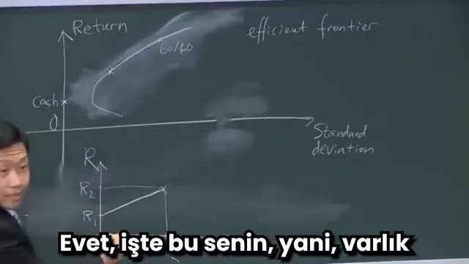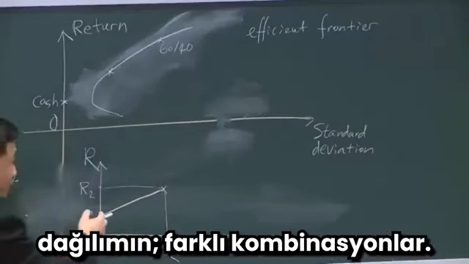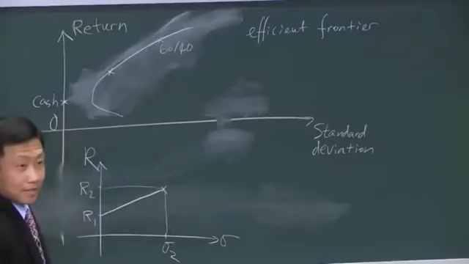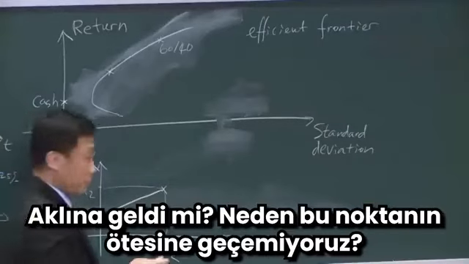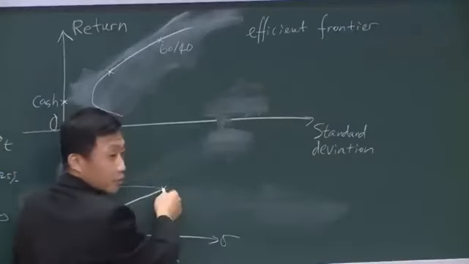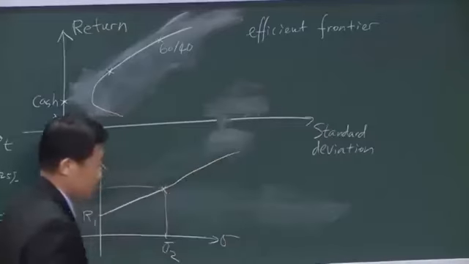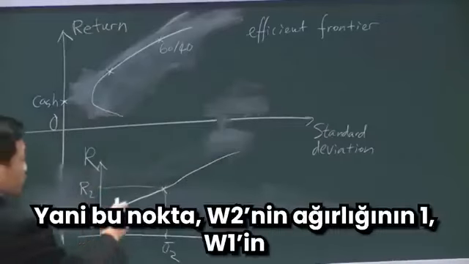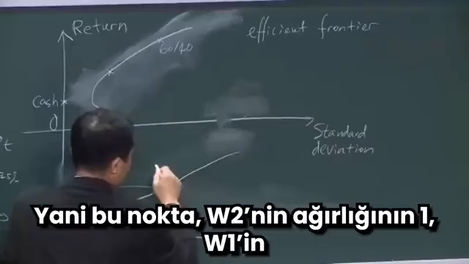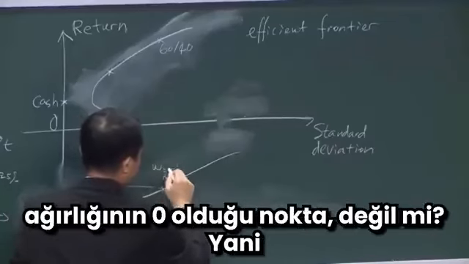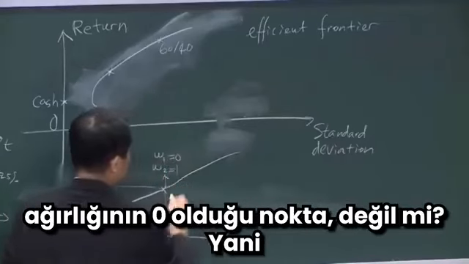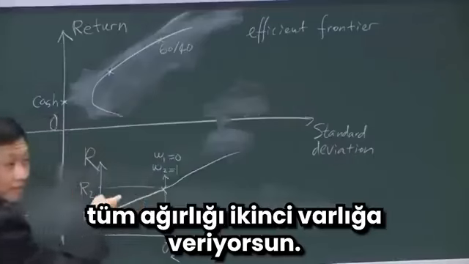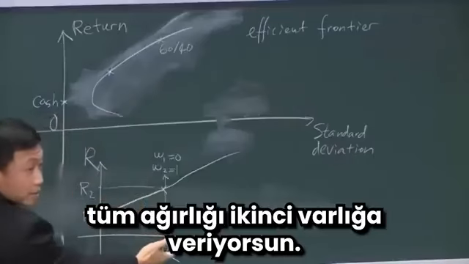That's your asset allocation, different combinations. Did it occur to you, why can't we go beyond this point? This point is when we weight W2 equal to 1, W1 equal to 0. Right? That's when you weight everything into asset 2.